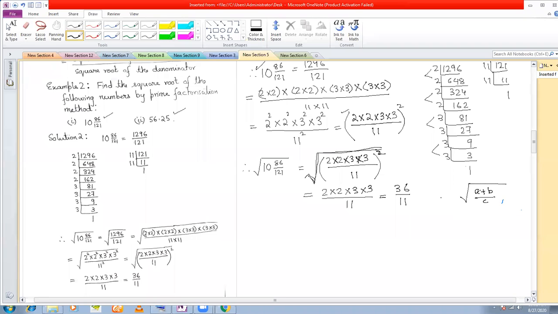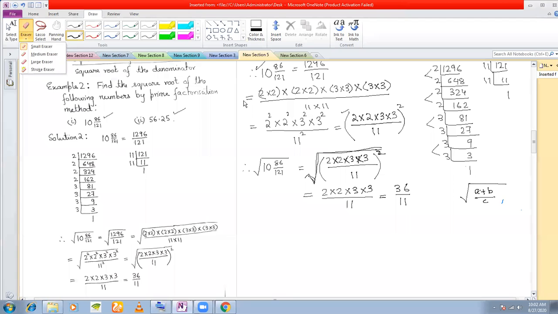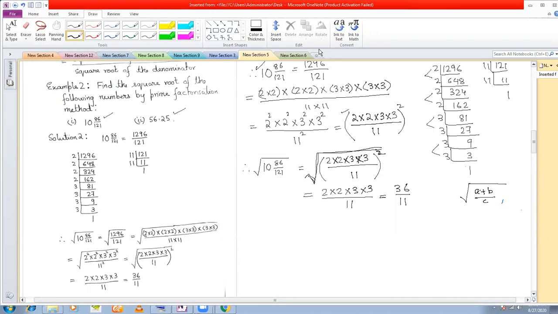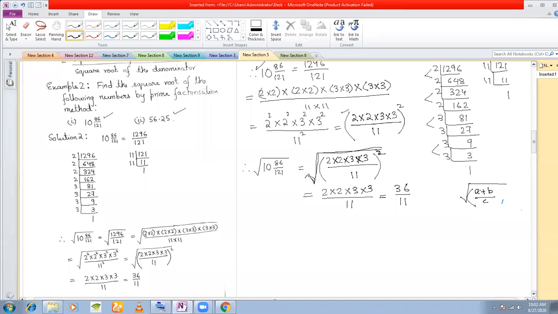That is why you were able to remove. But if you have it like this, a plus b by c whole square, then you can remove the square root. Okay, remember this. With this, we move on to the next one.